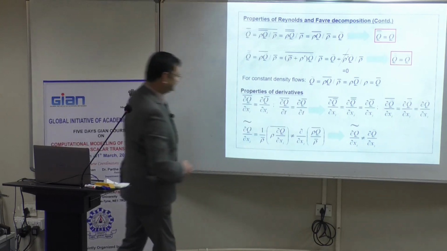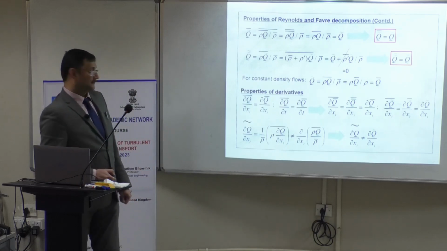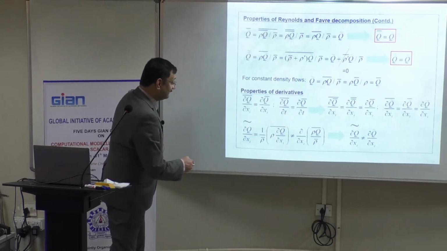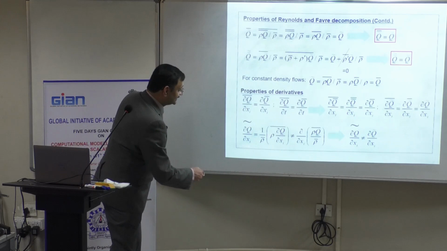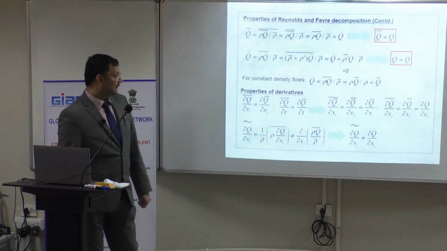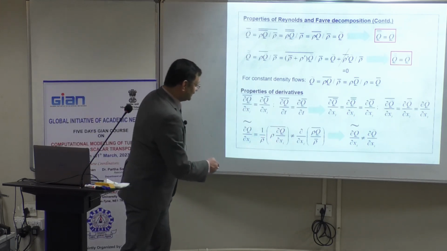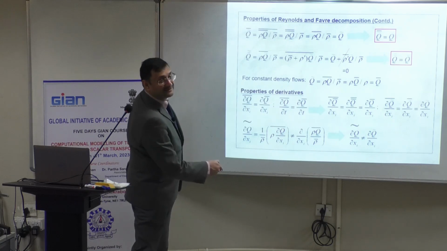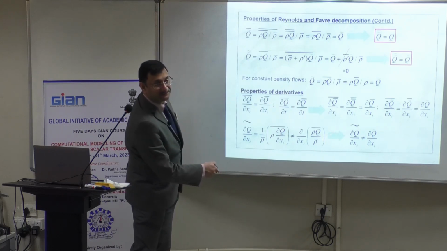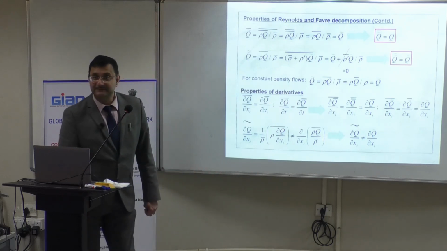This, which is basically the Favre mean of this quantity, that is given by this, that is not necessarily equal to this one. Okay?